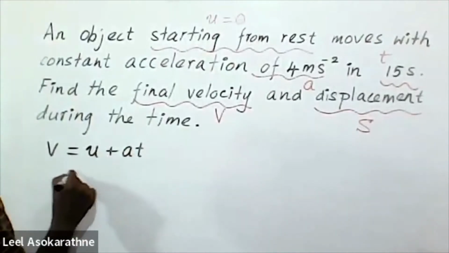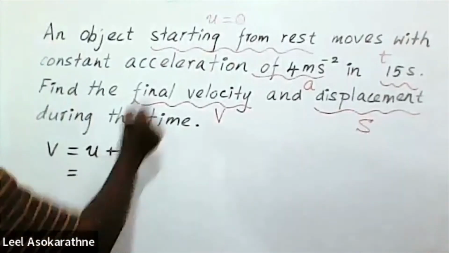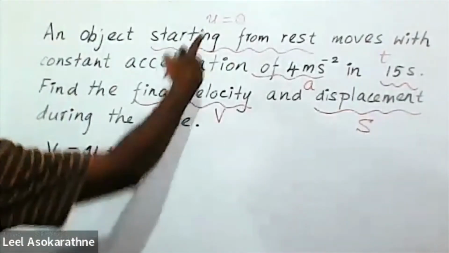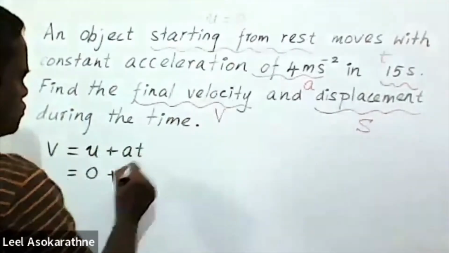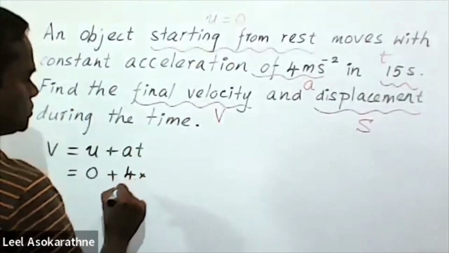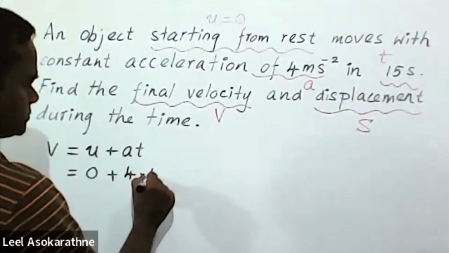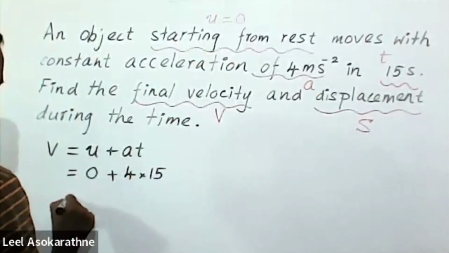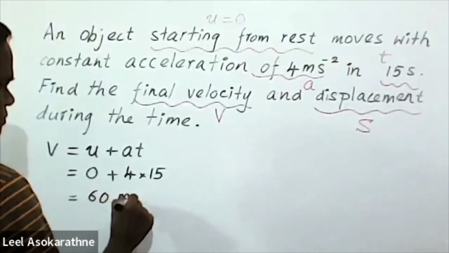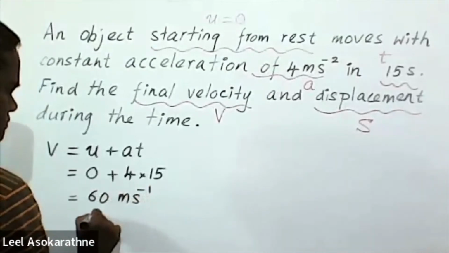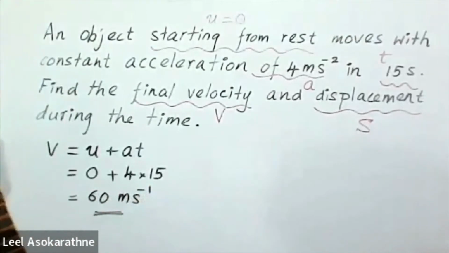Final velocity: v = u + at, with initial velocity 0, acceleration 4 times time 15. Is it clear? 60 meters per second. You can work it out like that.